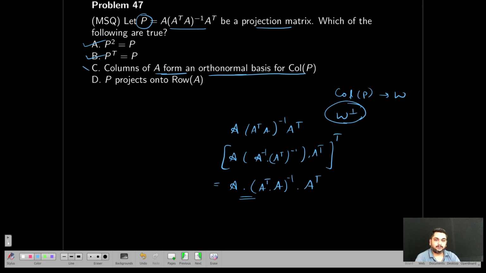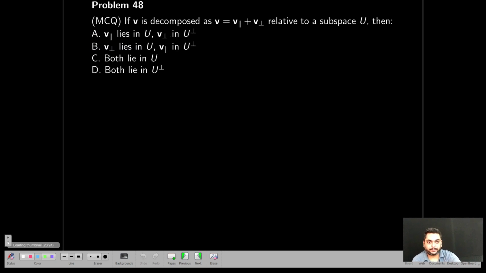So it is not true. The columns of A form a basis for the column space of P, not an orthonormal basis for this. P projects onto the row space of A? No, P projects onto the column space of A. Okay, only A and B.